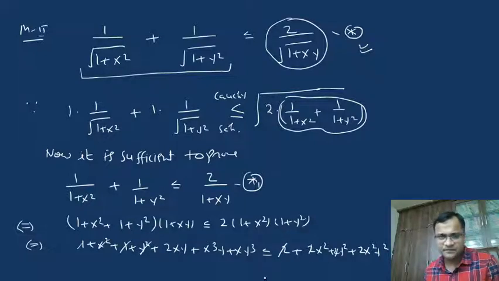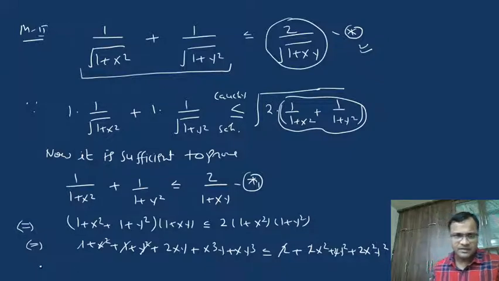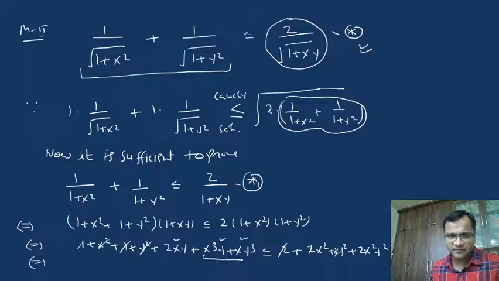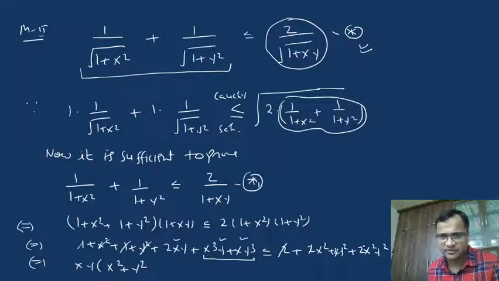Okay, now for the surviving terms, if we take xy common from these two terms, then within the bracket we have x square plus y square.